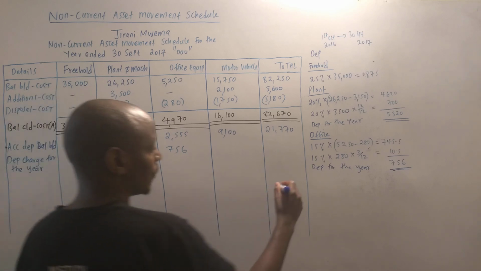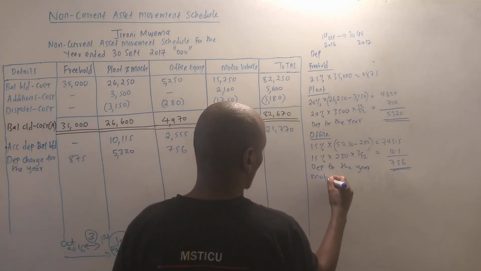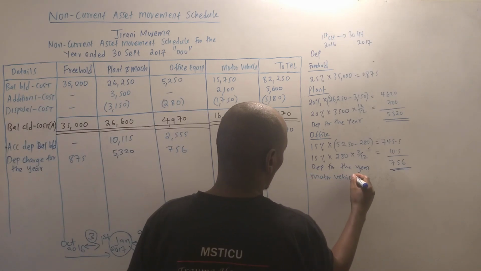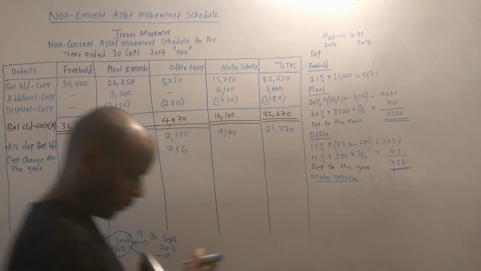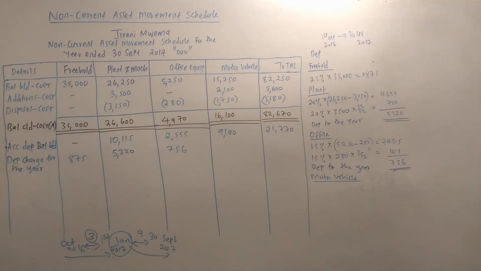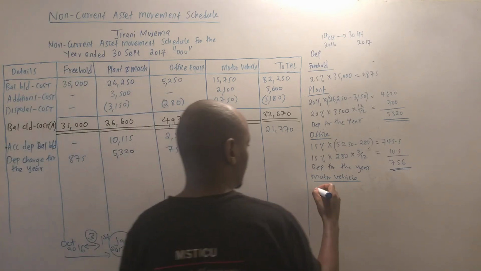Then you go to the motor vehicle. We go to the motor vehicle. Motor vehicle, they say 25%. So motor vehicle is 25%.